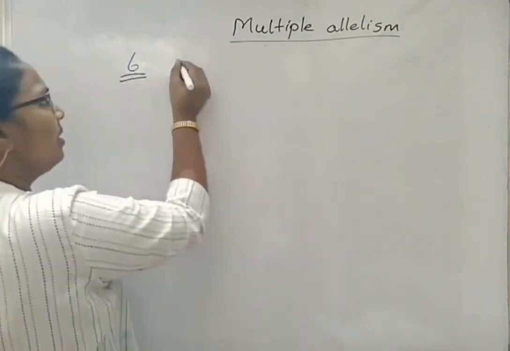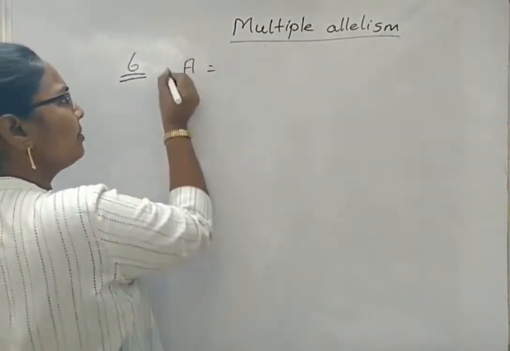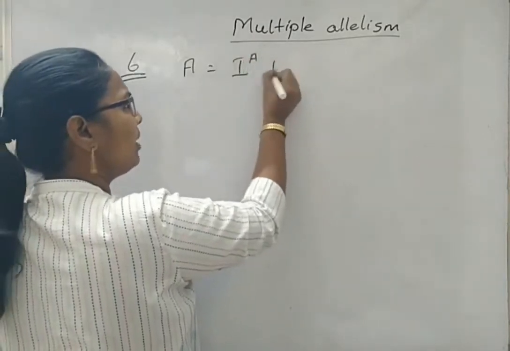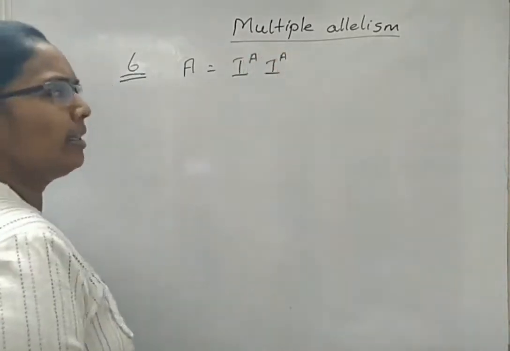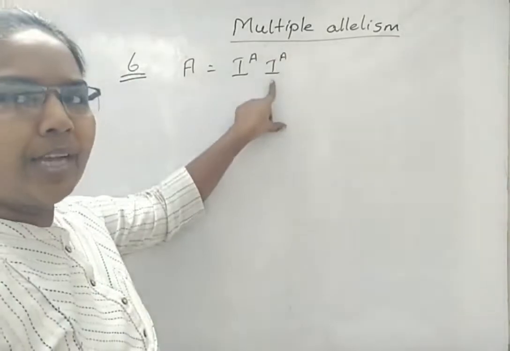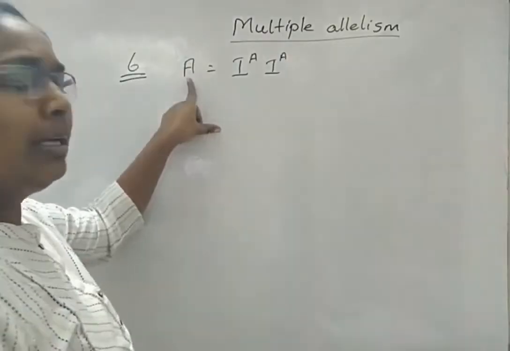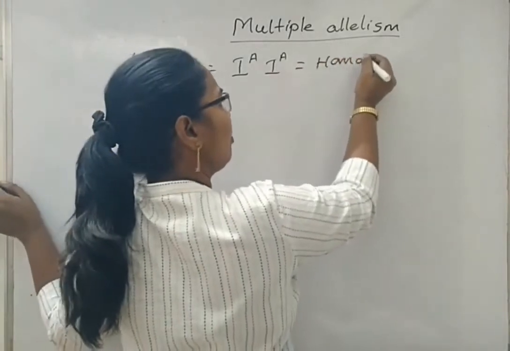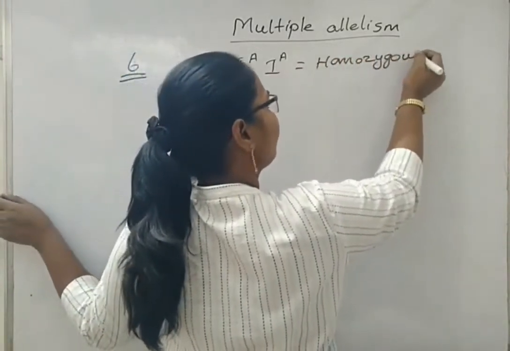Now what are they? For blood group A, the allele forms are immunoglobulin A, immunoglobulin A. Means same type of alleles are also responsible for blood group A. Such type of alleles are called as homozygous alleles.